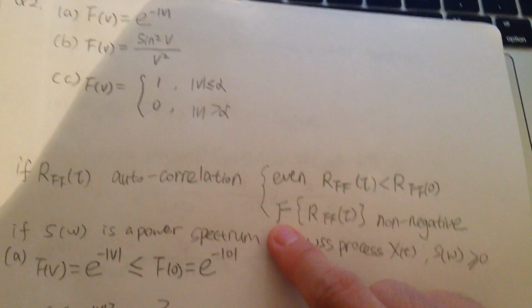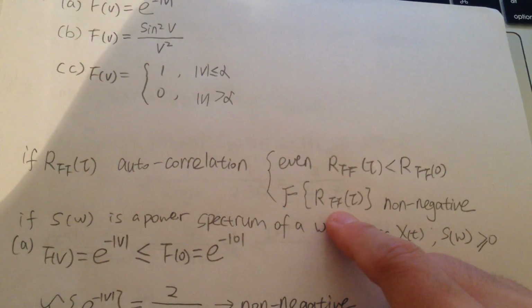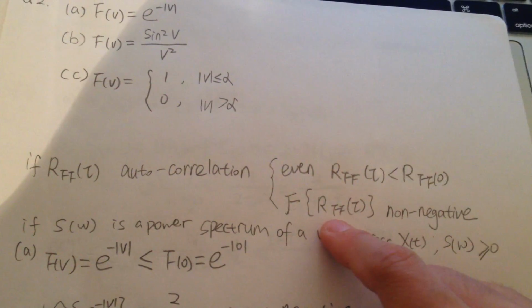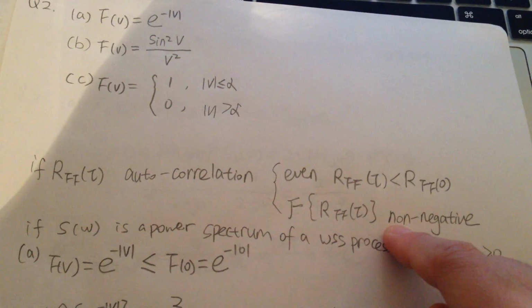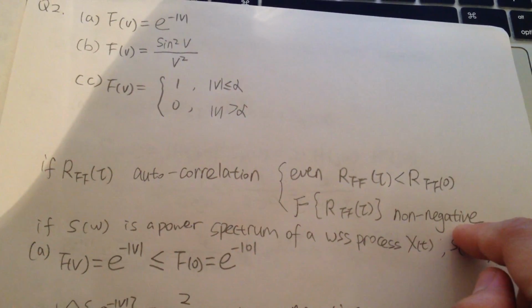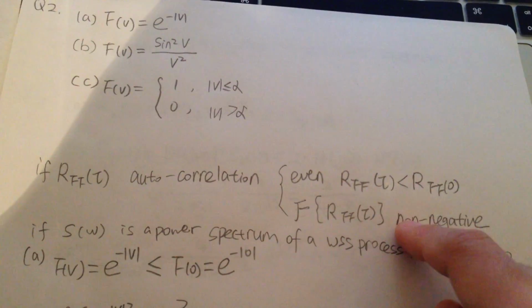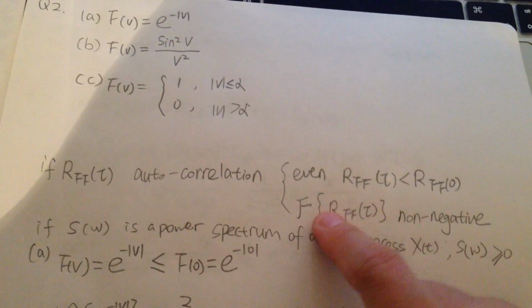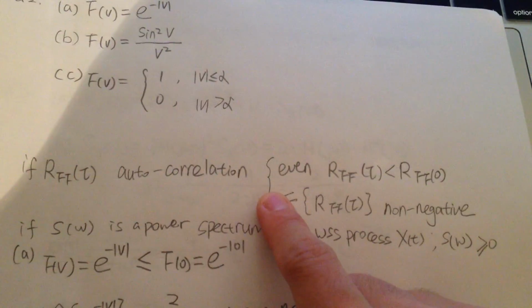The second condition is that the Fourier transform of this autocorrelation function is non-negative. If R_ff of tau can meet those two conditions, then it can be an autocorrelation function. Otherwise, it cannot be.